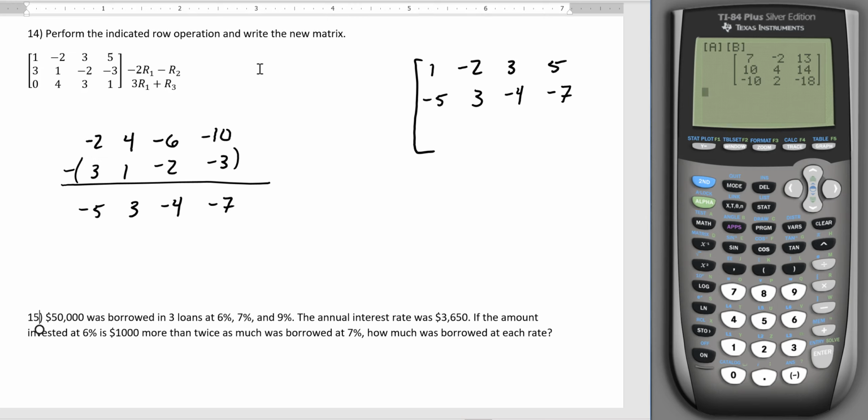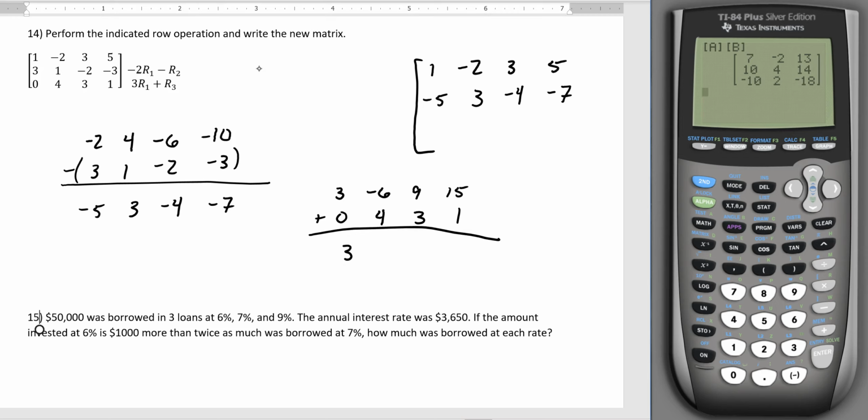So that's R2. Let's do the same thing now for R3, which is going to be 3 times R1 plus R3. So I'm going to multiply R1 times 3, so that gives me 3, negative 6, 9, 15, and then I'm going to add to it 0, 4, 3, 1, R3 there.